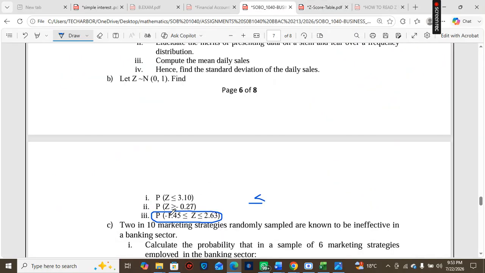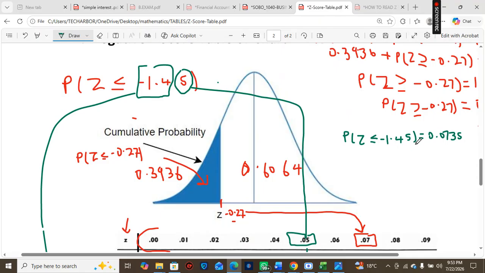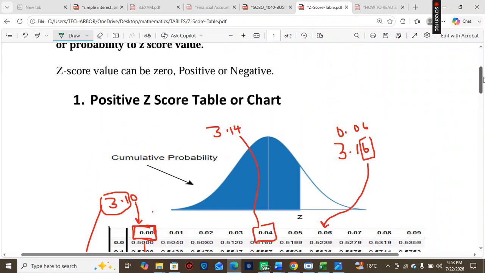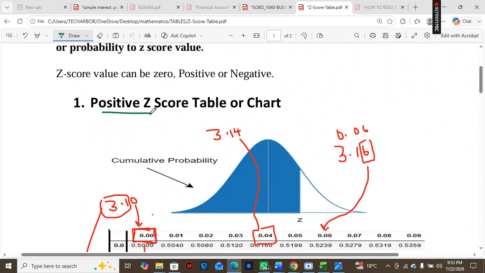Because as I said, you get the area to the left for both figures, negative 1.45 and 2.36. For a positive value like 2.36, the positive z-scores are found here, and then they will let you know the negative ones. So the probability that Z is less than or equal to 2.36.